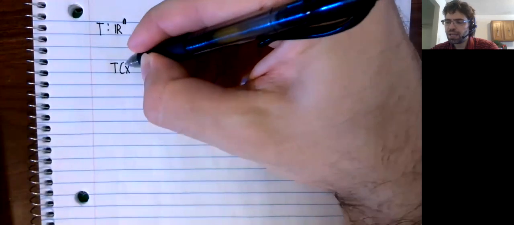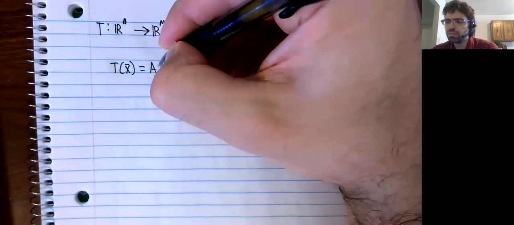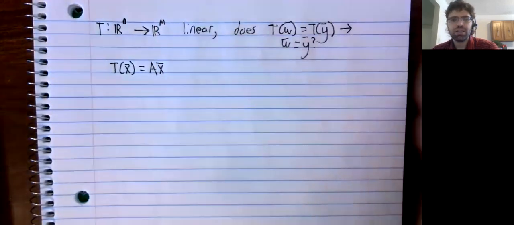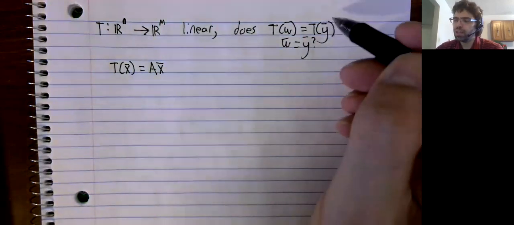Let A be that matrix. That is, let T of X equal AX.